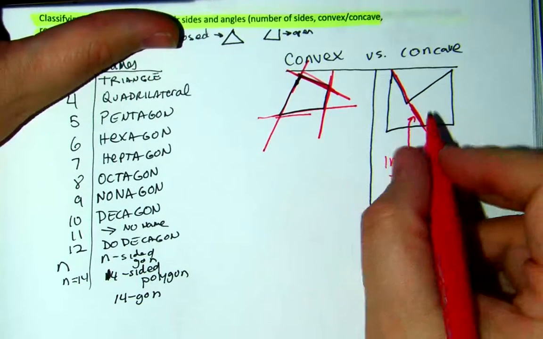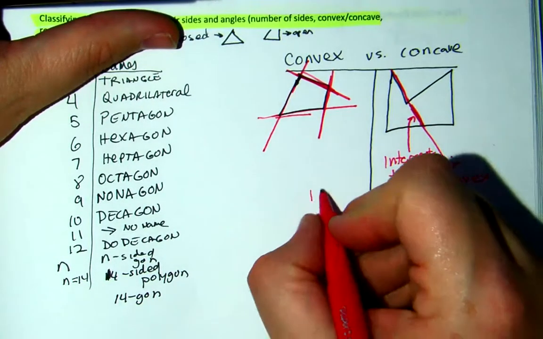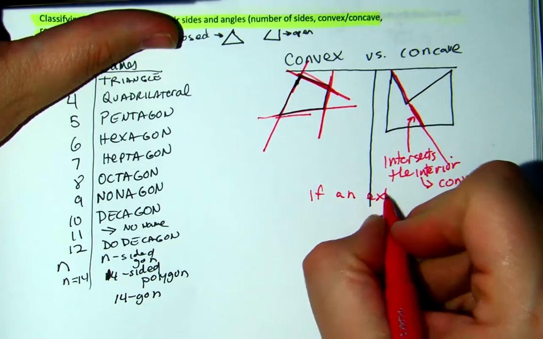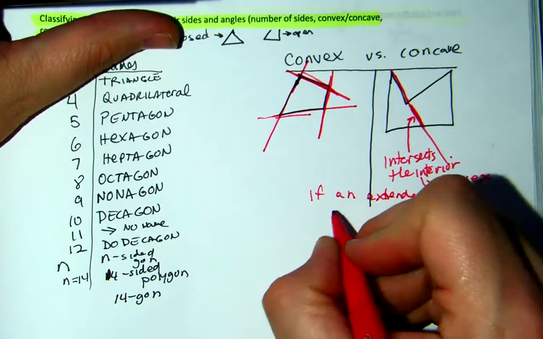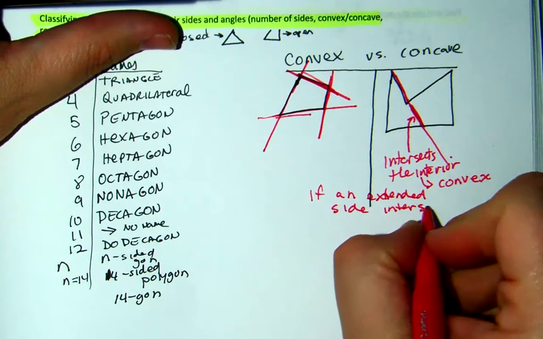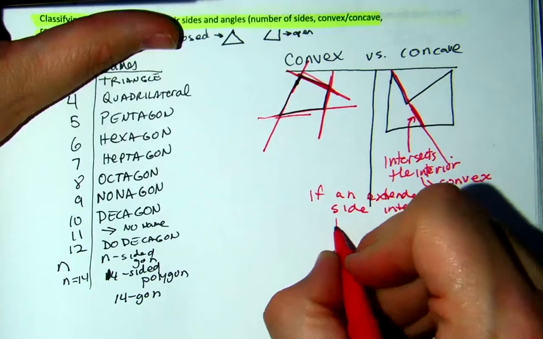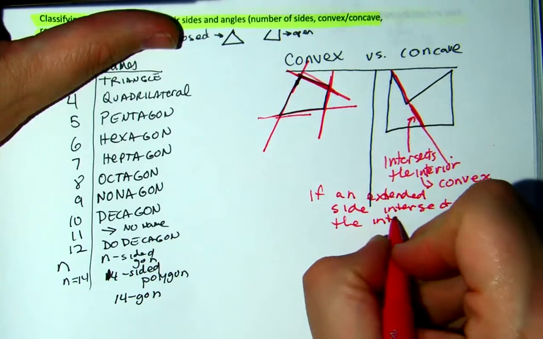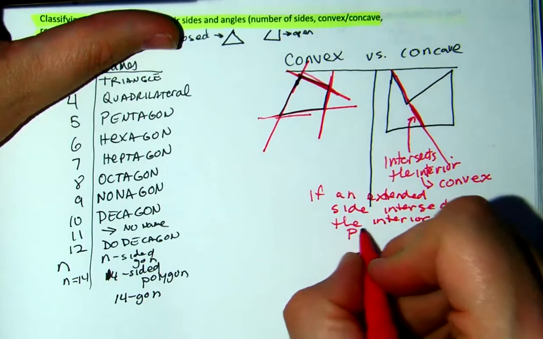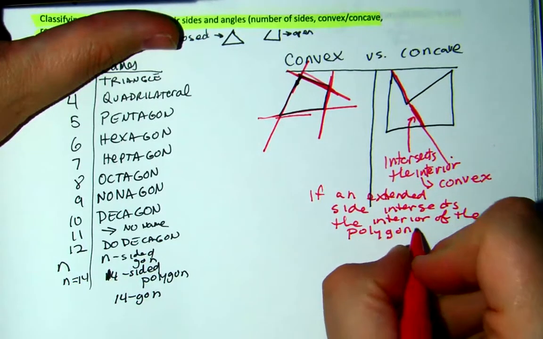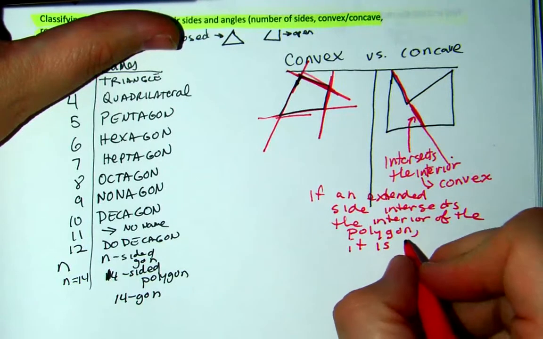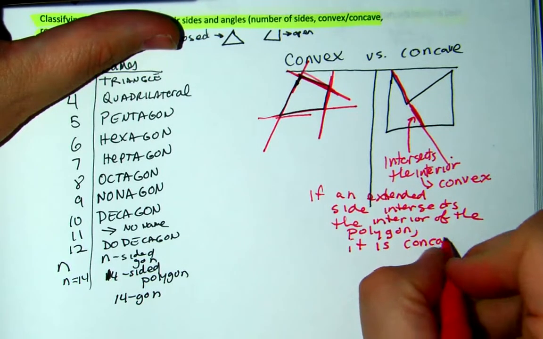So, extend a side. If an extended side intersects the interior of the polygon, it is not convex, it is concave.